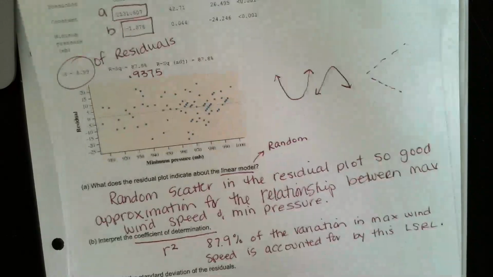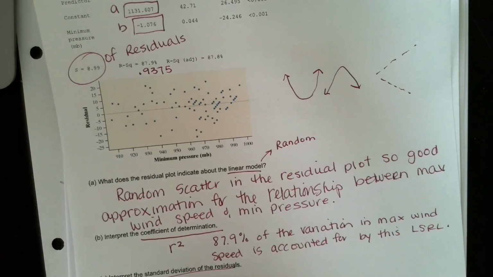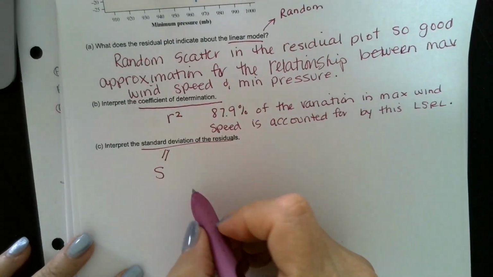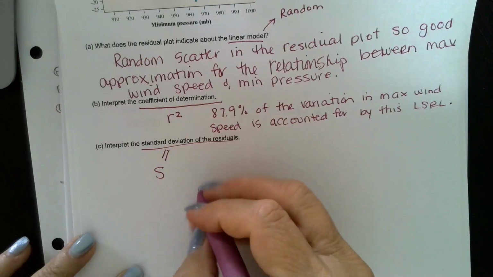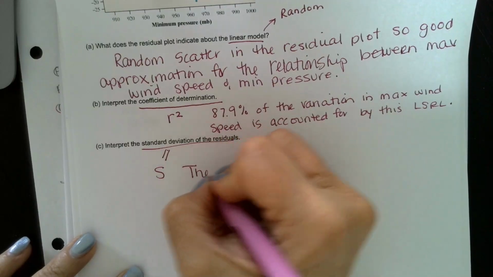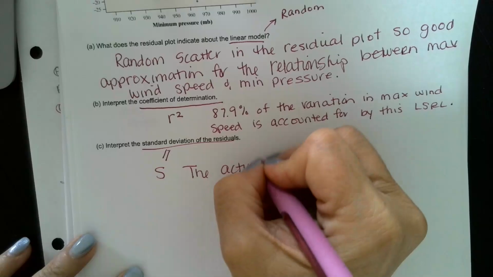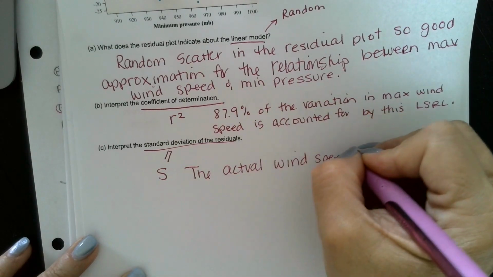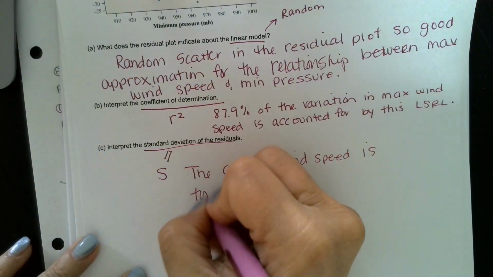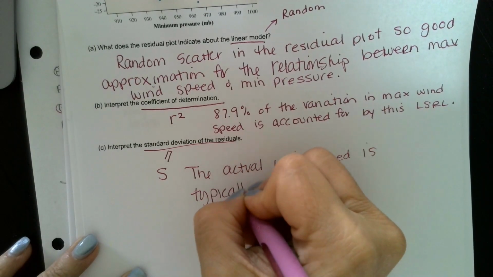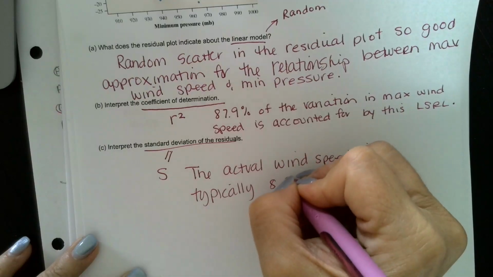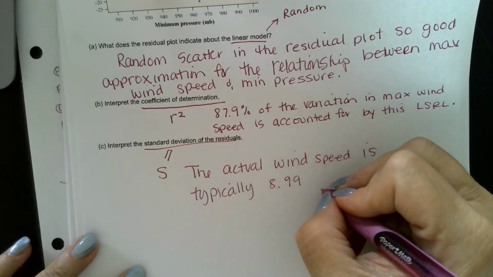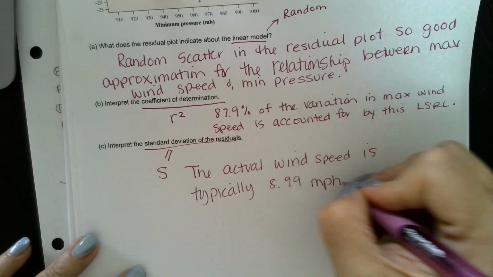So what we would say here is that this value is s on my table. So I would say the actual wind speed is typically 8.99, because that's my value, 8.99 miles per hour. Standard deviation has a unit.